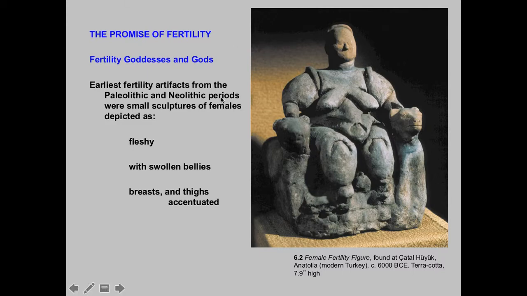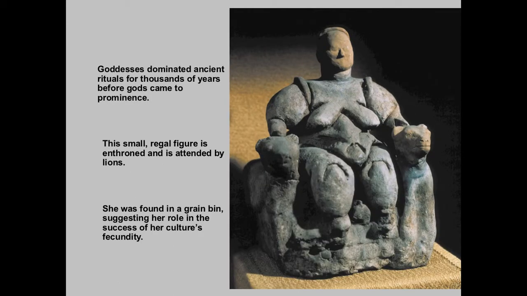Okay, so this is a Neolithic piece, a small sculpture, and there's a lot of these made. We're going to look at an even older one, but the bellies and the breasts and the thighs, for some reason, are all accentuated as images or parts of fertility. She is perhaps a goddess that may have dominated these rituals for a long period of time.